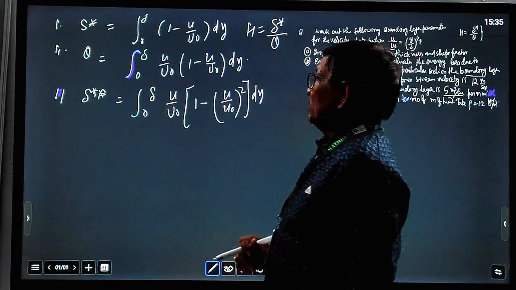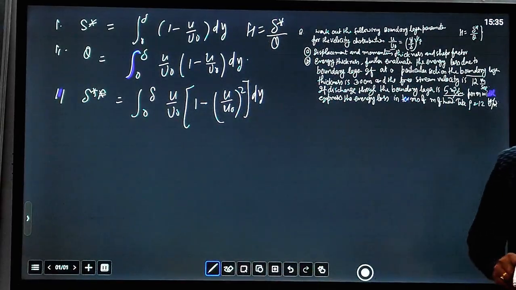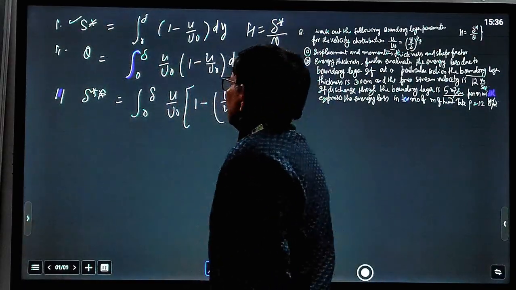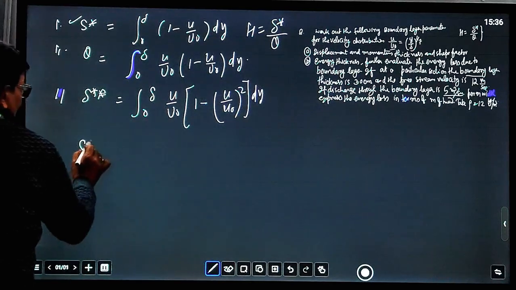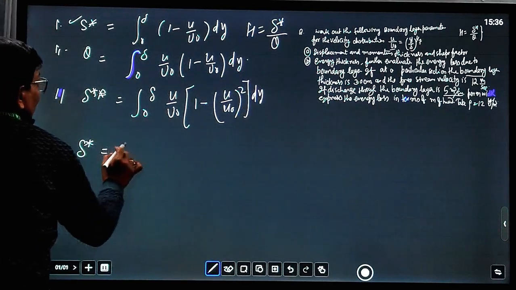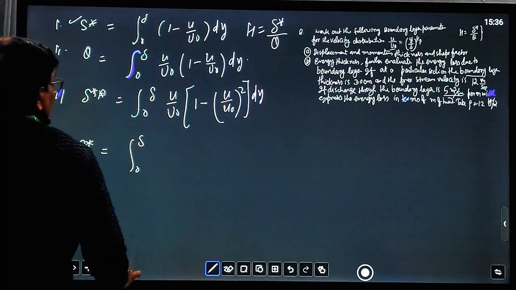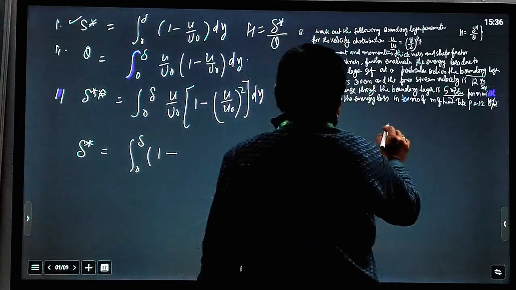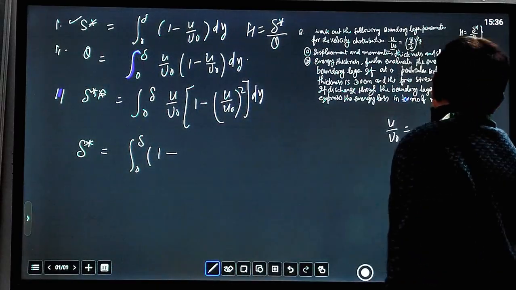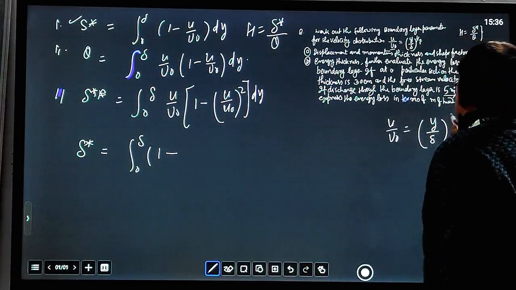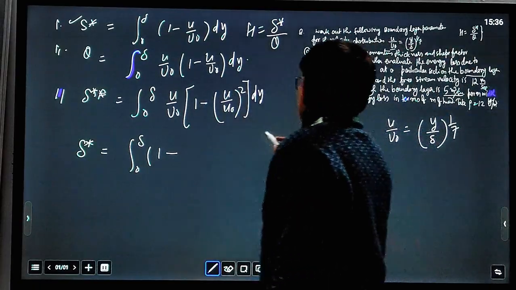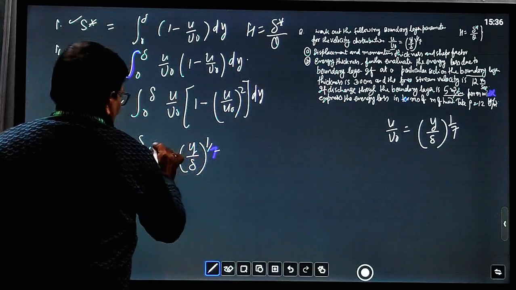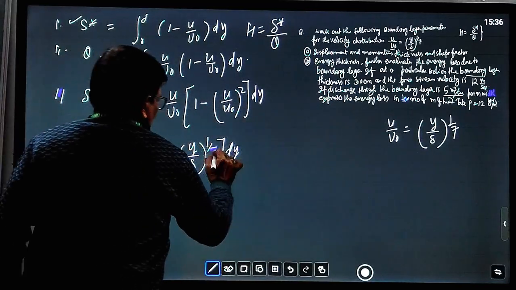So first we define displacement thickness. Del star equals integration 0 to del of 1 minus, now putting the value of u by u naught. Here u by u naught is given as y by del to power 1 by 7. So putting this value, y by del to power 1 by 7, and dy. So this we have to calculate.